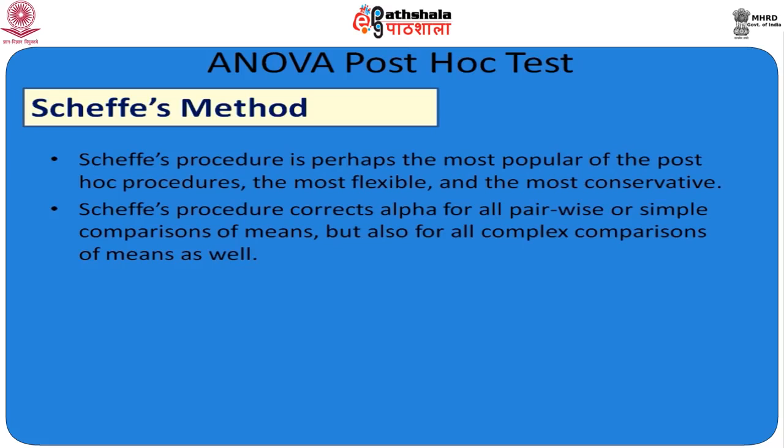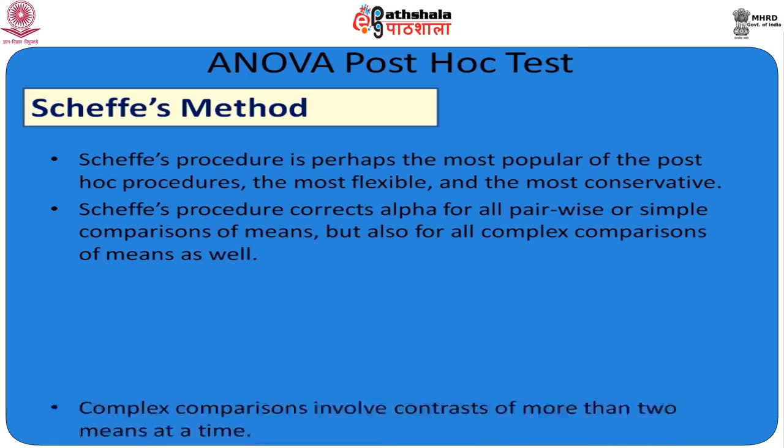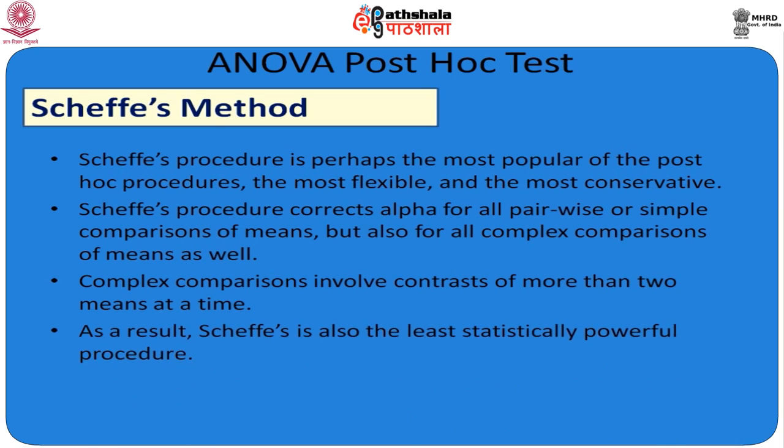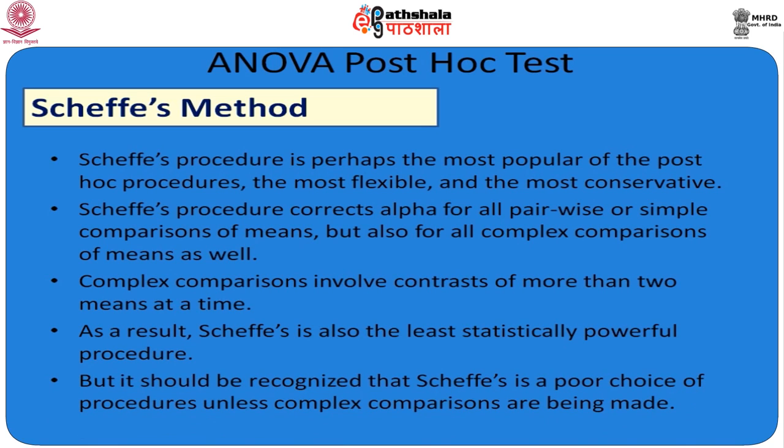The complex comparison involves the contrast of more than 2 means at a time. As a result, Scheffe's is also the least statistically powerful procedure, but it should be recognized that Scheffe's is a poor choice unless complex comparisons are being made.